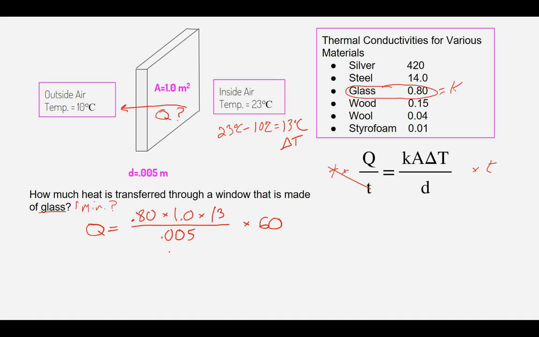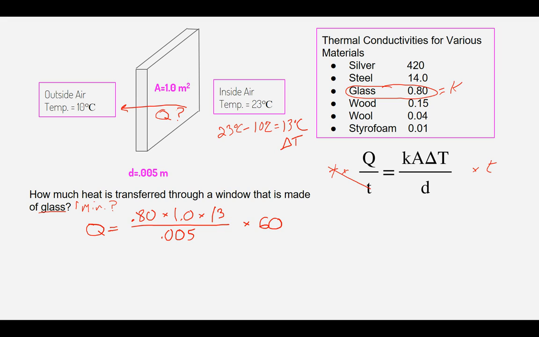So I'm going to take my calculator, and make sure that you hit equals when you do your operation. I'm going to hit 0.8 times 1, which we know is just 0.8. Then we multiply that by 13, and we get 10.4.